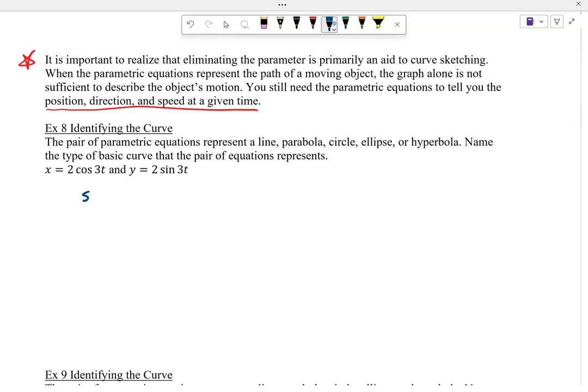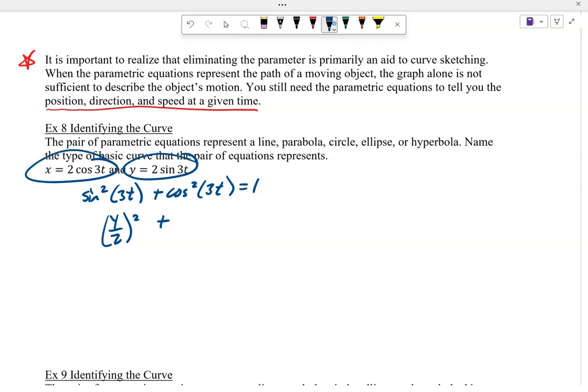Well, we know sine squared of whatever, in this case 3t, plus cosine squared of that same angle is 1, right? And we know from that the sine of 3t from this equation would be y over 2. So I got y over 2 being squared. And from this one, I have cosine of 3t equals x over 2. So x over 2 is being squared here.